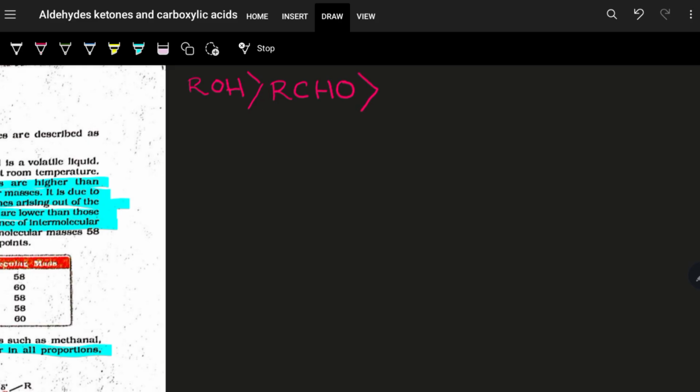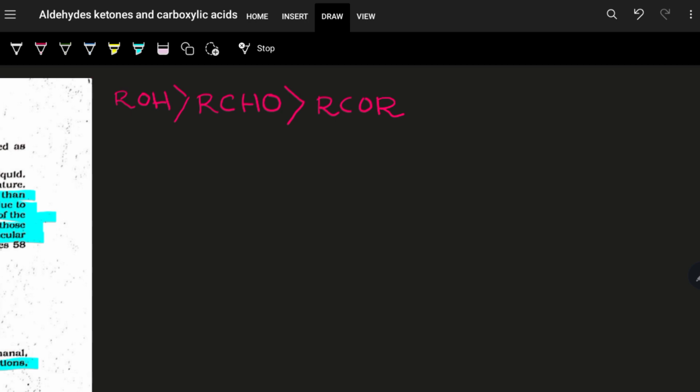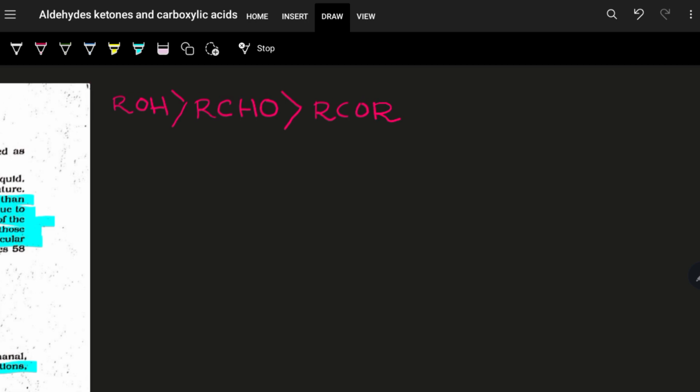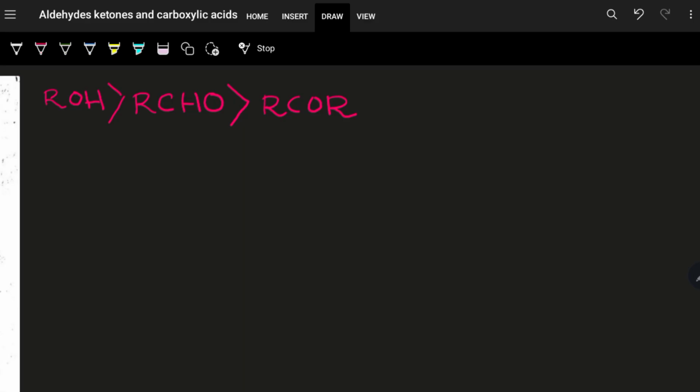Then are ketones, RCOR I can write, because the dipole moment or the polar nature of ketones is less than that of aldehydes. Then come ethers, ROR, that is the ether linkage, because ethers are less polar than ketones, and less polar than aldehydes. And then come hydrocarbons of comparable molar masses.